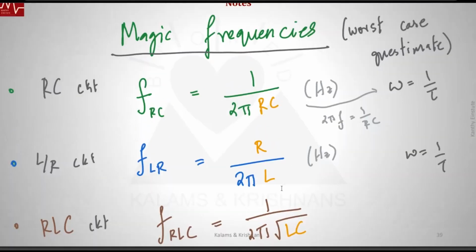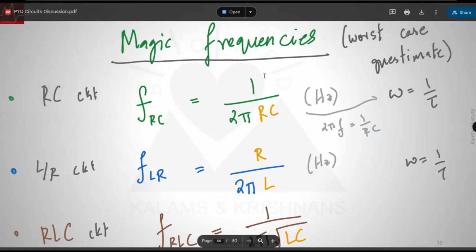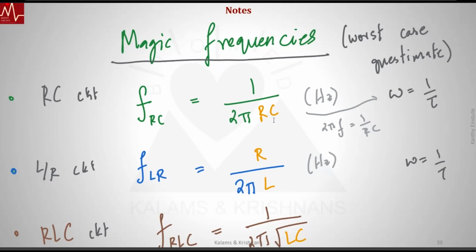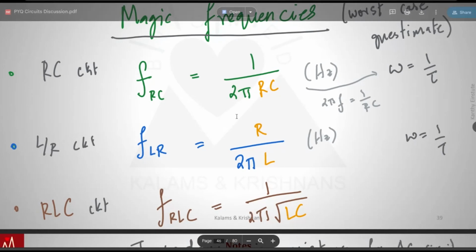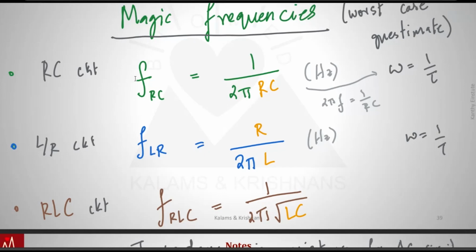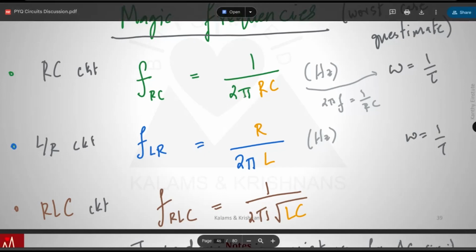Notice what we have here is essentially 1 by 2 pi times the time constant RC. This is also 1 by 2 pi times the time constant L over R. This happens to be 1 by 2 pi square root of LC. And because we know that 2 pi f is omega, we can also see that omega is 1 over tau.